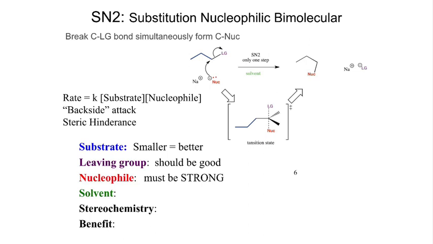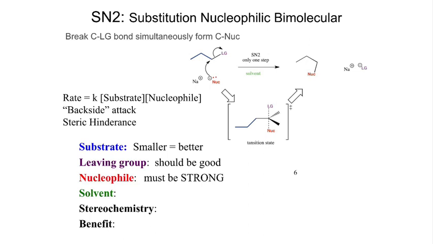Okay? Why should it be strong? So that it can happen in the same step. So that it can come in and force out the leaving group. What charge was the leaving group? Well, now it's negative once it takes those electrons.